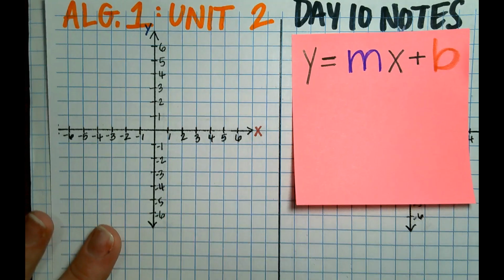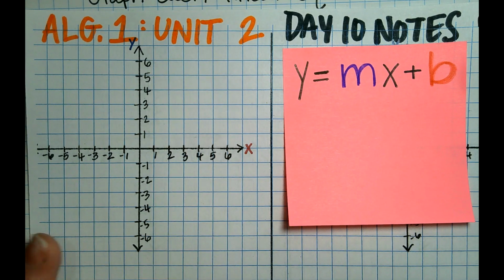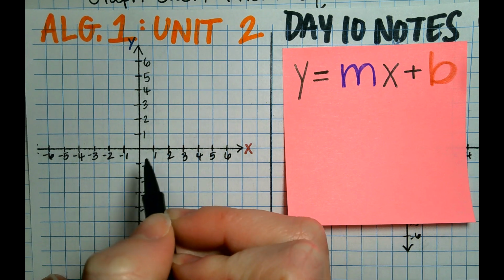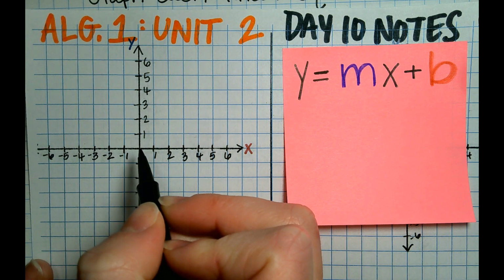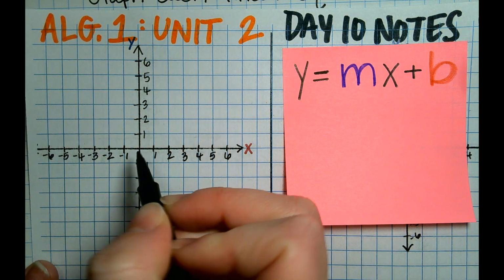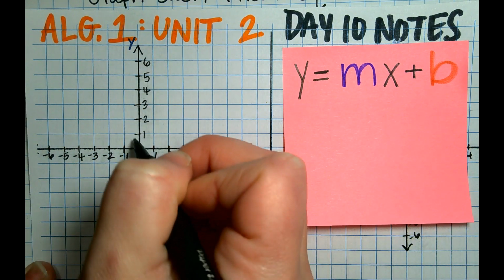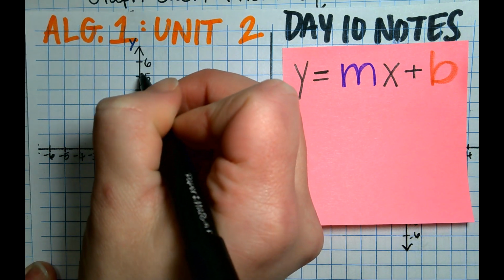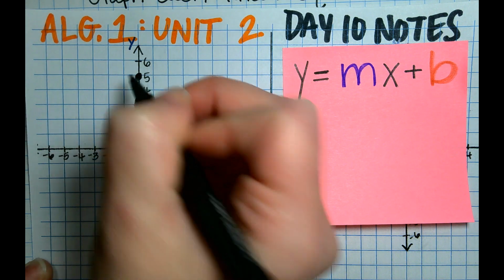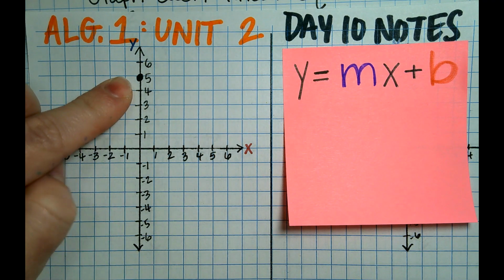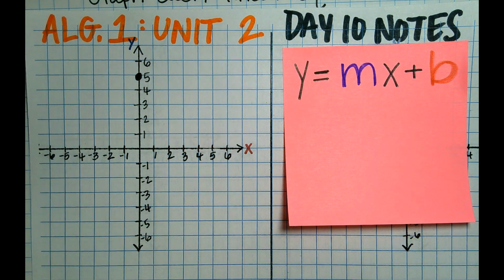And we are going to draw a line without a formula and see if we can come up with the formula ourselves. So I want us to start with our pens or pencils and make a point on 5 on the y-axis. That's going to be our first point.